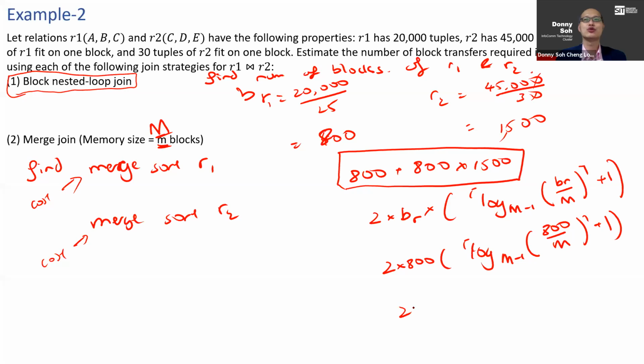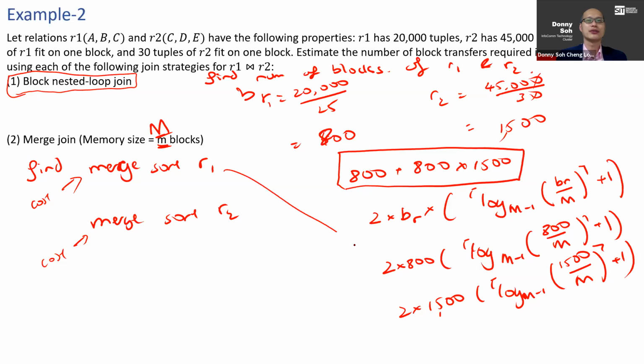And the second one is 2 times 1500 times the ceiling of log base M minus 1 of 1500 over M, plus 1. So this is the merge sort cost of R1, and this is the merge sort cost of R2.